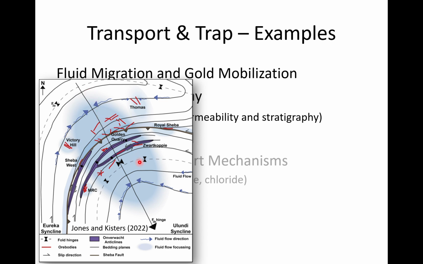These pathways act like fluid highways, much like the large scale shear zones at Red Lake, or structures like the Porcupine-Dexter Fault in Abitibi, as we already discussed and will discuss next.